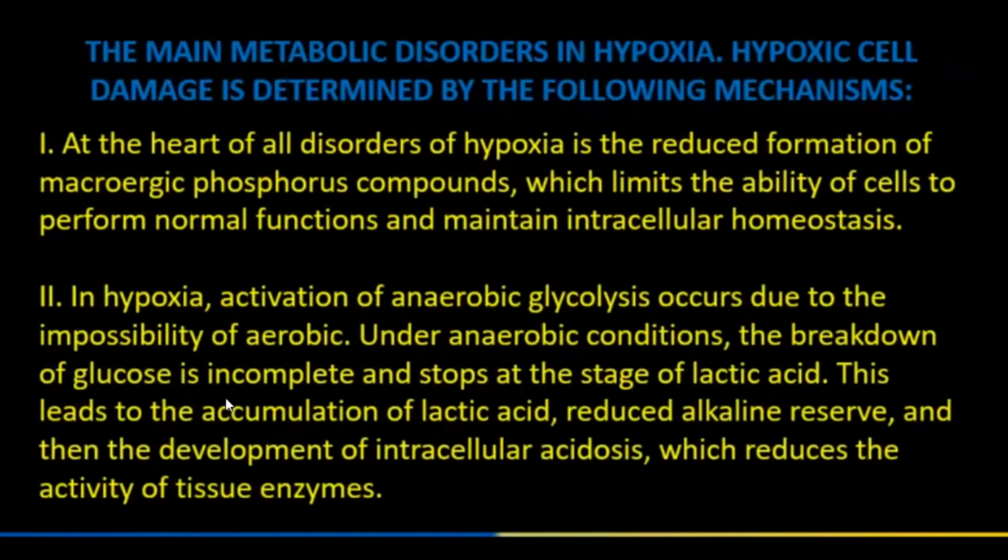Next, the main metabolic disorders in hypoxia. Hypoxic cell damage is determined by the following mechanisms. At the heart of all disorders in hypoxia is the reduced formation of macroergic phosphorus compounds, which limits the ability of cells to perform normal function and maintain intracellular homeostasis.